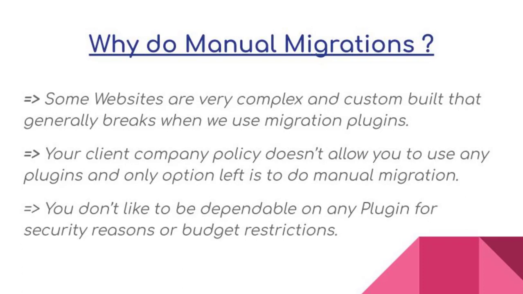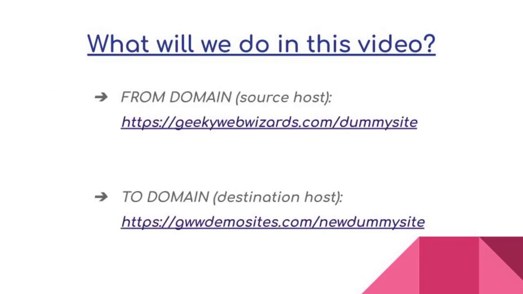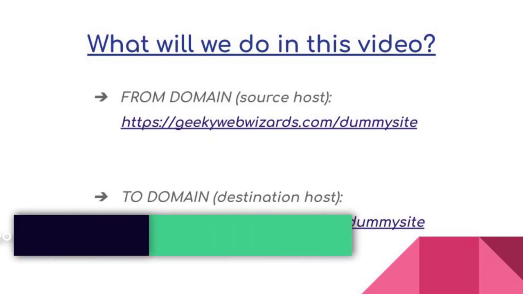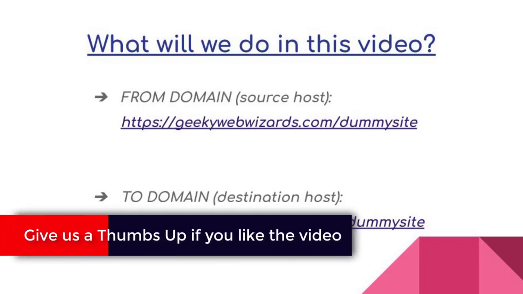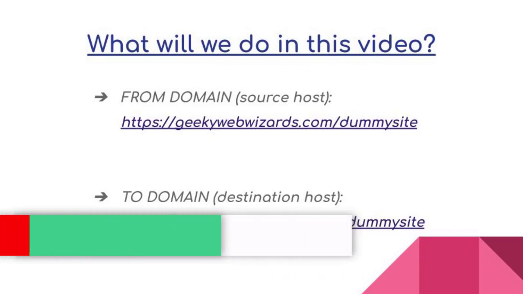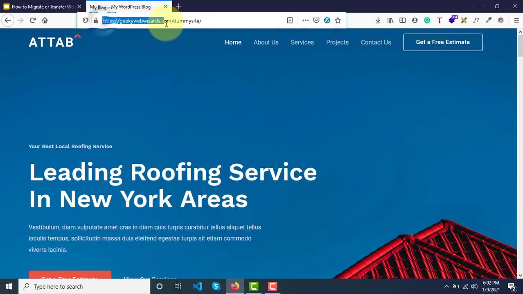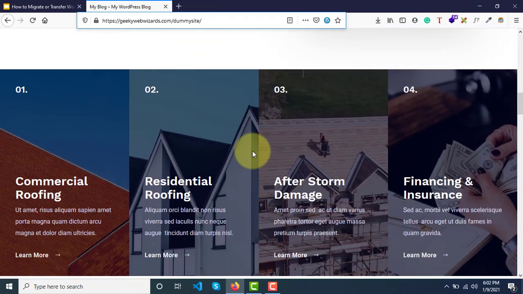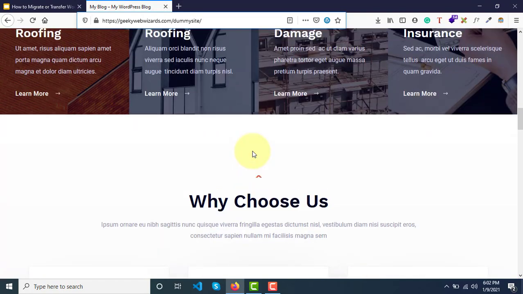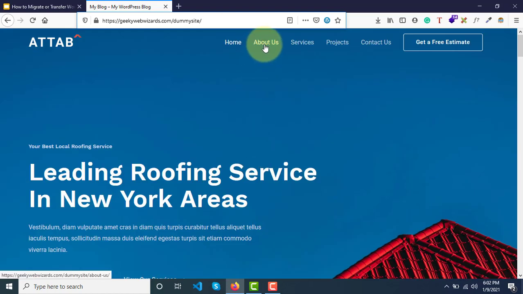In this video what we'll be doing is, we have a dummy website under the URL geekywebwizards.com/dummy site. This is a dummy site actually, and we will be transferring this website to a new location, in the sense a new server.